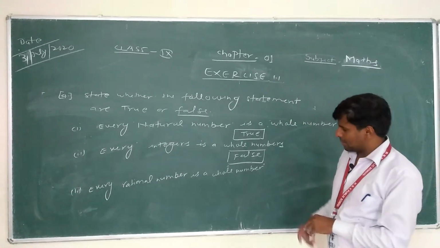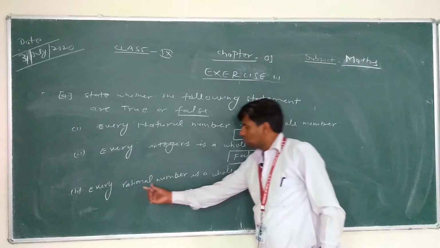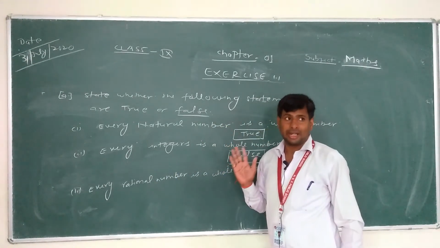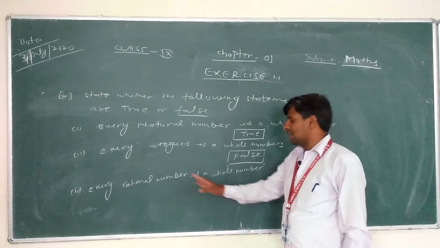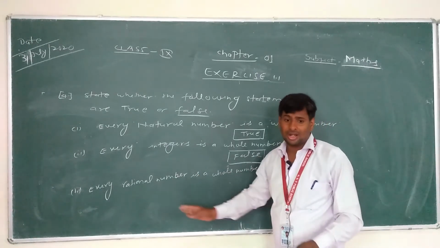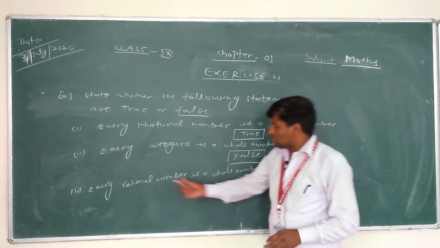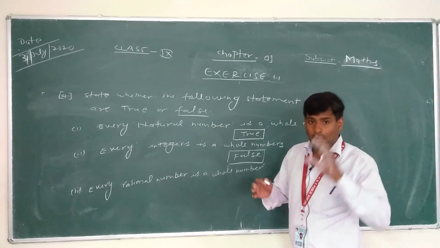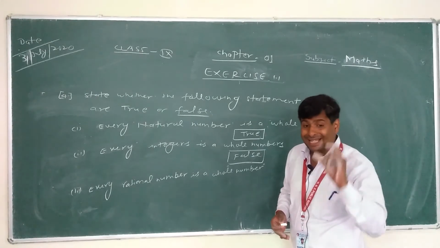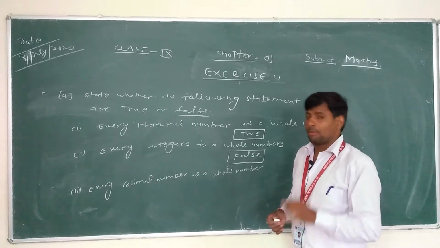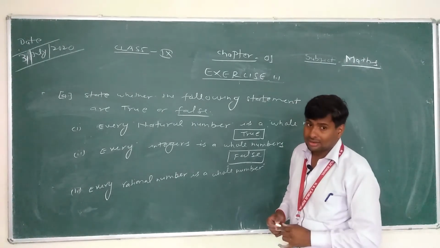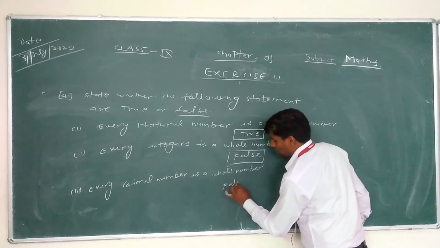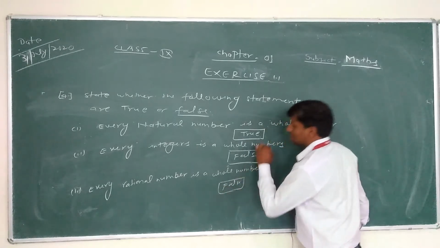Every whole number is a real number, and rational numbers are a type of real number. So every rational number is not a whole number, because 1 by 2 is a rational number, but 1 by 2 is not a whole number. So this statement is also false.